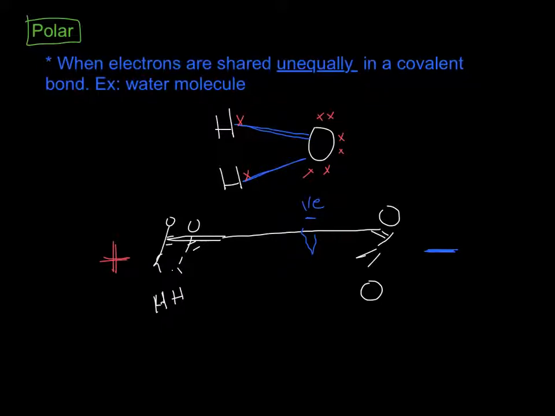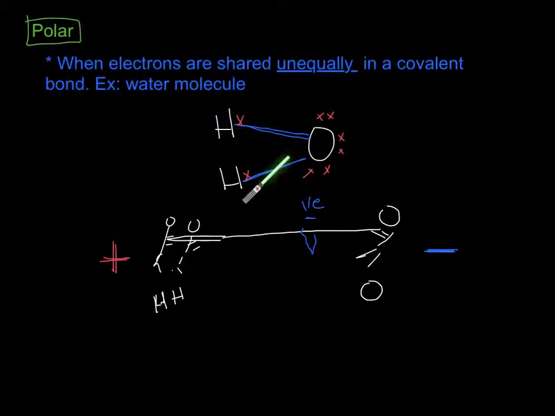So if you see now, by sharing electrons with hydrogen, you will see that it has 1, 2, 3, 4, 5, 6, 7, 8. So now oxygen's happy, and the hydrogen gets to share with the oxygen, so it's happy, and the same thing with this one.